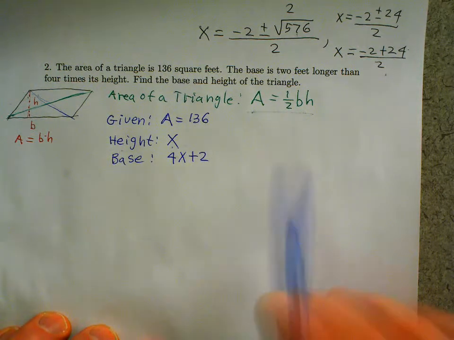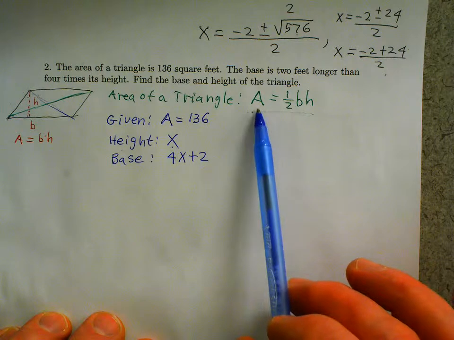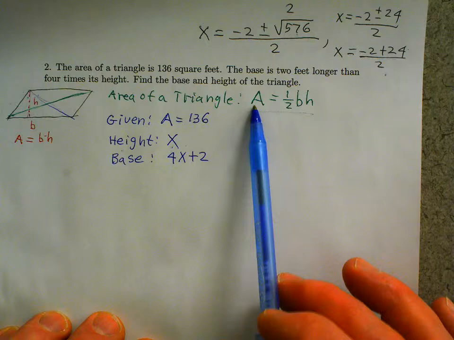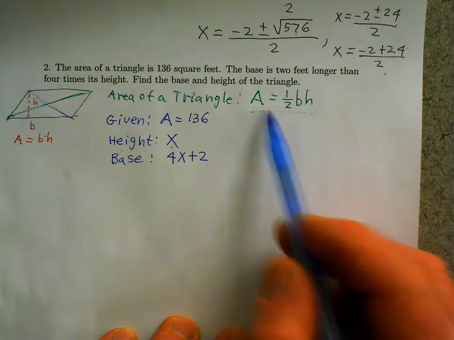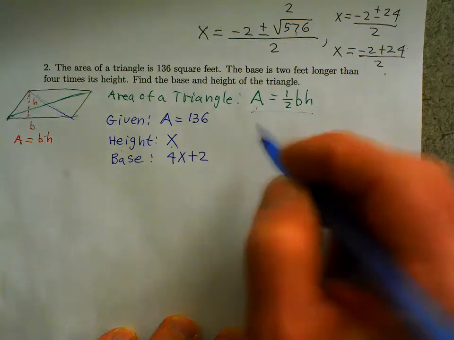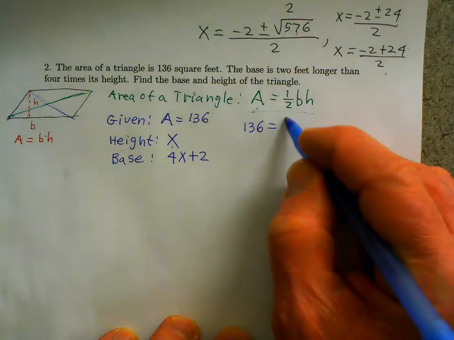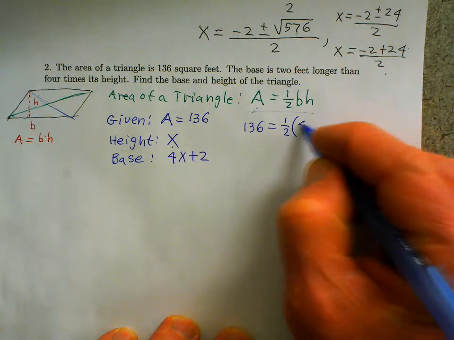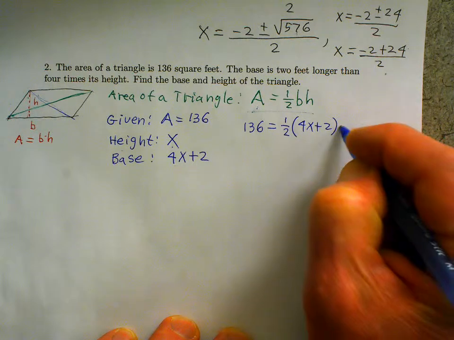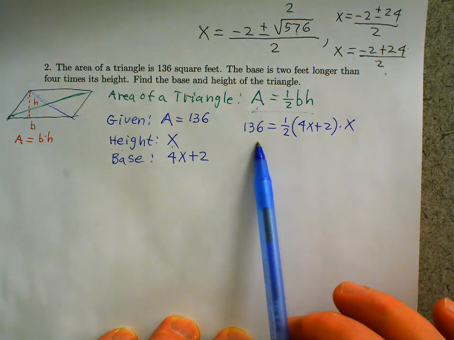And then we just use the area of a triangle formula, and we put in the numbers and the variable expressions. So in this formula, replace capital A with 136, and that's equal to 1/2 times the base. The base is 4x plus 2, and then times the height, which is x. The resulting equation is just a quadratic equation.